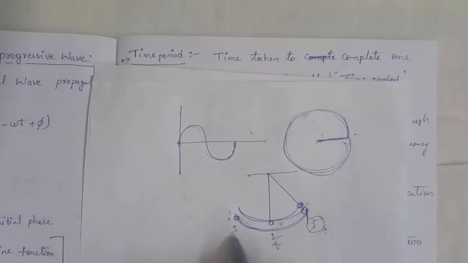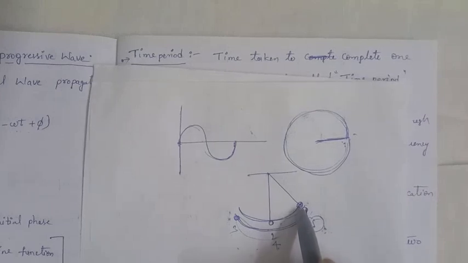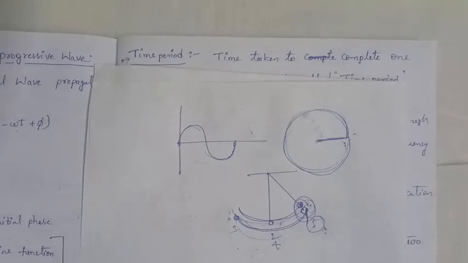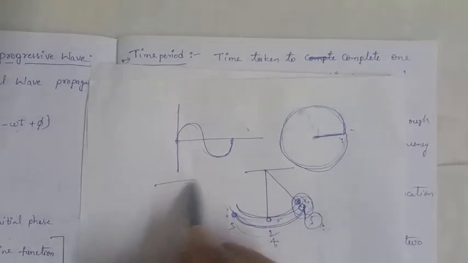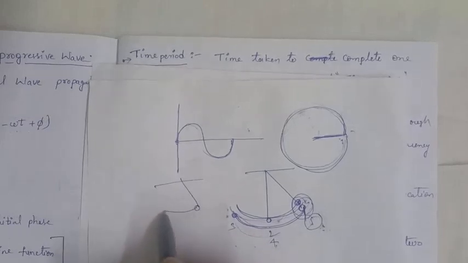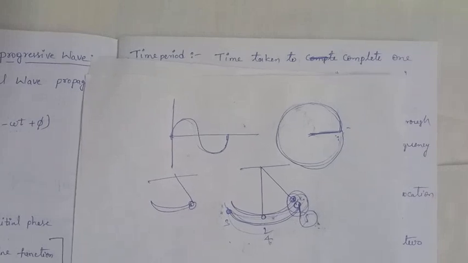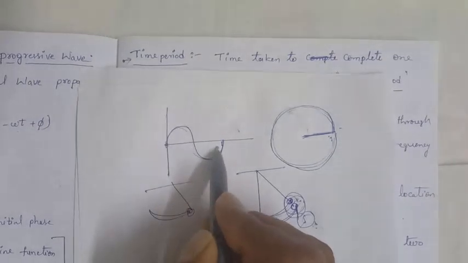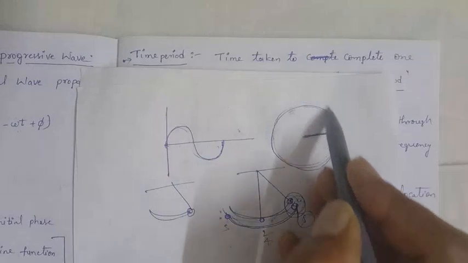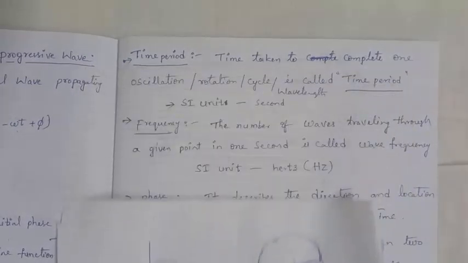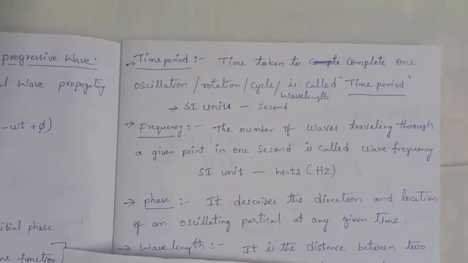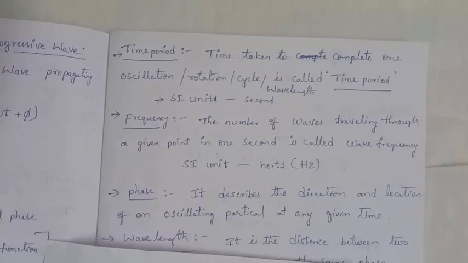This complete oscillation starts at an extreme position, reaches the other extreme position, and comes back to the same extreme position. This time is called one oscillation, one wavelength, one cycle or one rotation, and it is called the time period, and its unit is second.